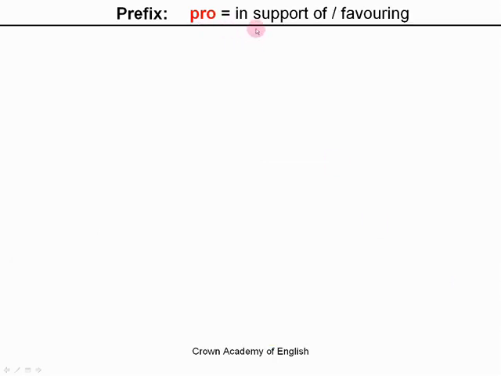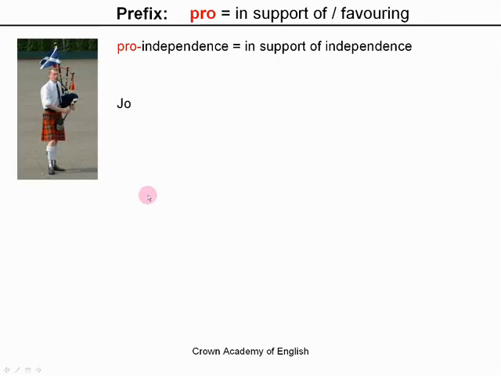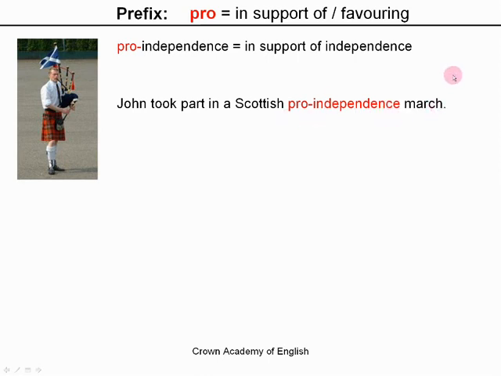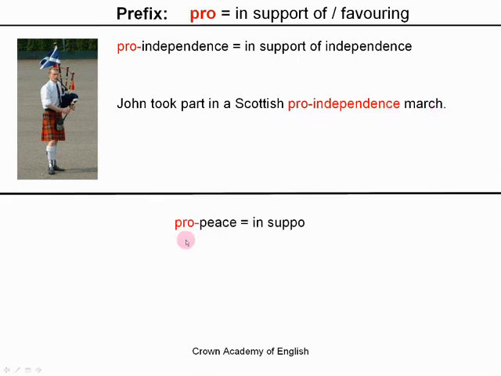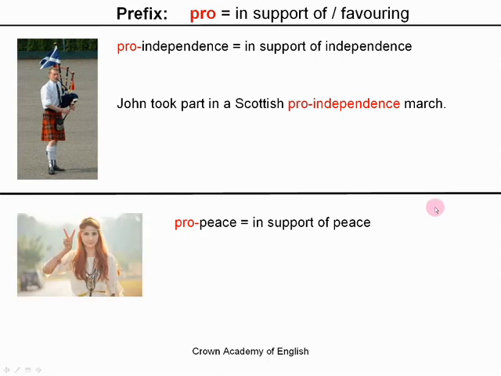Pro means in support of something or favouring something. Pro-independence is in support of independence. John took part in a Scottish pro-independence march. Pro-peace is to be in support of peace.